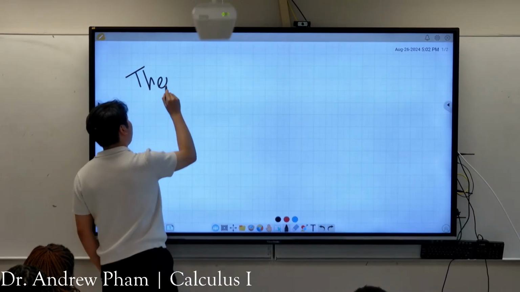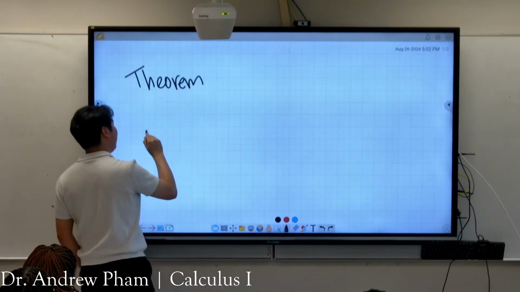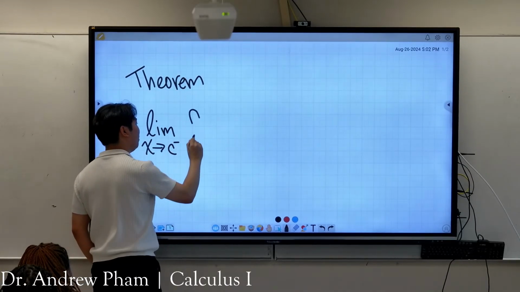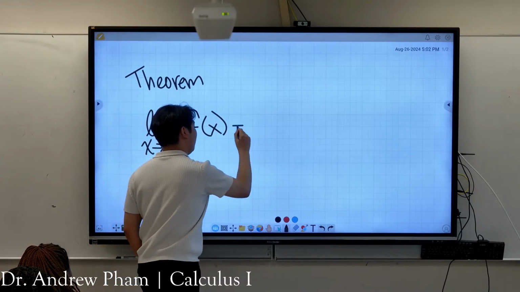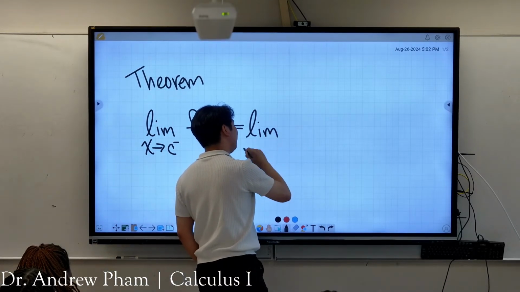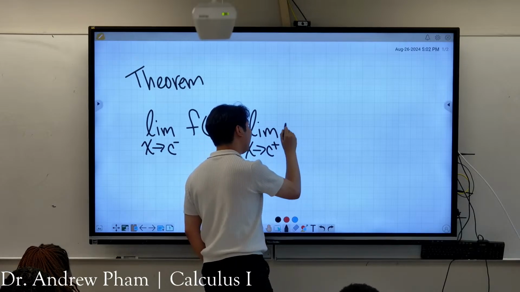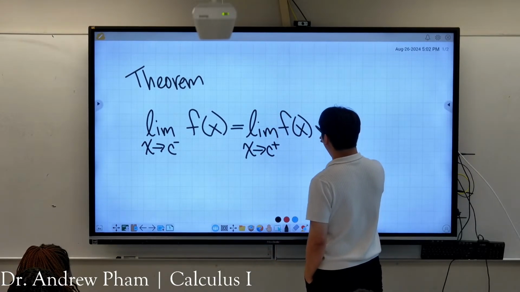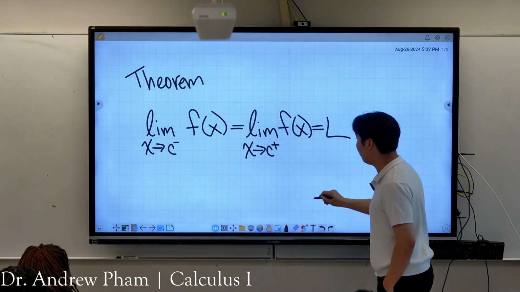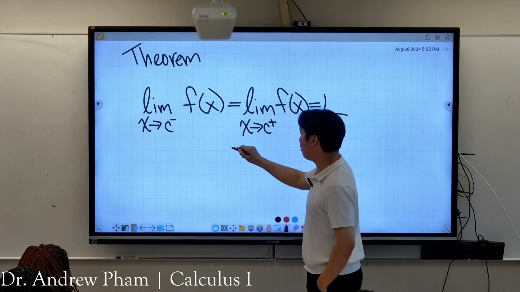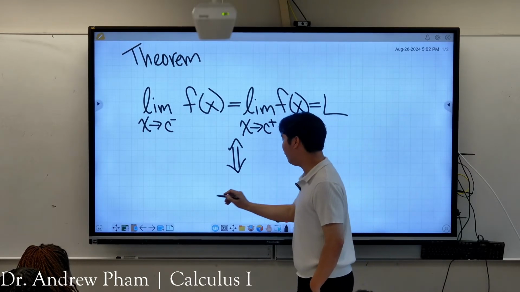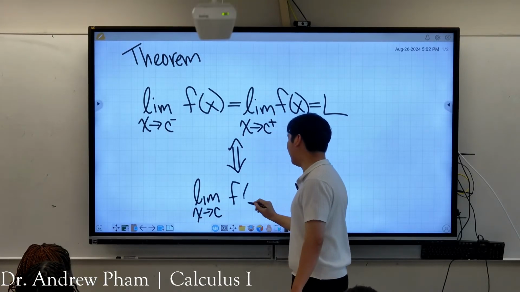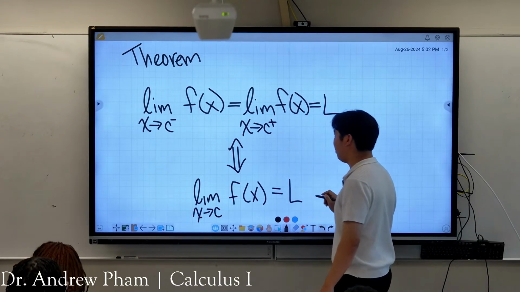Our theorem from last time stated the limit as x approaches c from the left is equal to the limit as x approaches c from the right is equal to L. Ran out of room here, because I wrote really large. This occurs if and only if the limit of my function is also L.